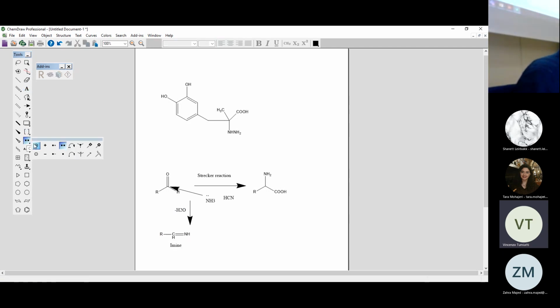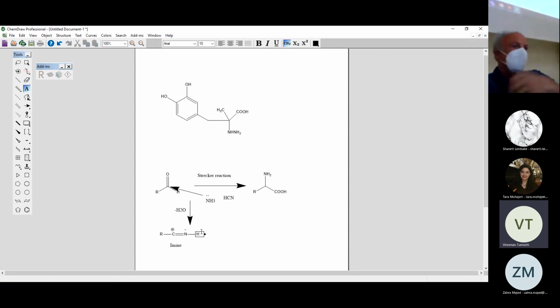We have a partial positive carbon atom and a partial negative nitrogen atom, because the nitrogen is more electronegative than the carbon, and so we have another hydrogen here. This is the polarity of the Schiff base.